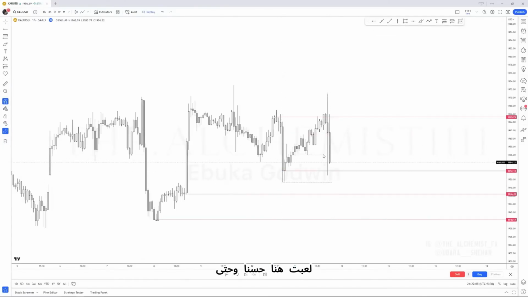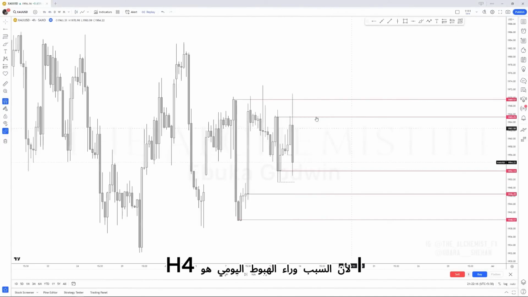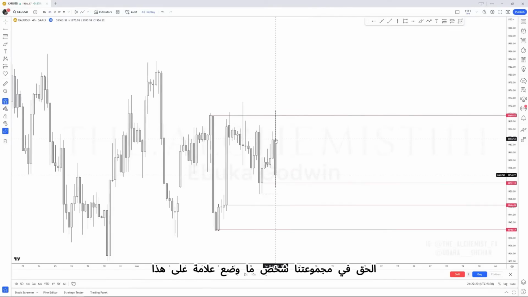Even the sell from the top, where did that come from? From H4. Because why? Daily bearish storyline. I saw someone in our group marked this out, this resistance. Look at that. H4 resistance. Why do we pay attention to the H4 levels?